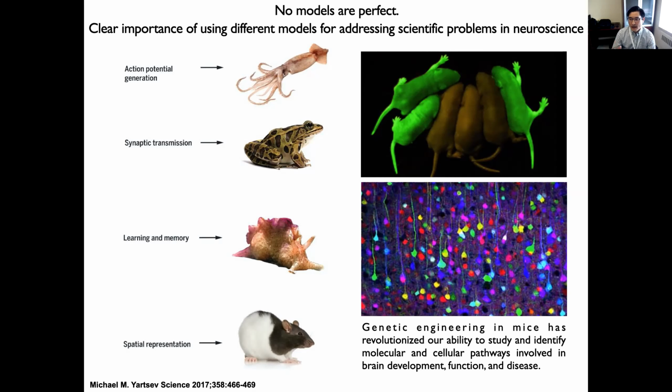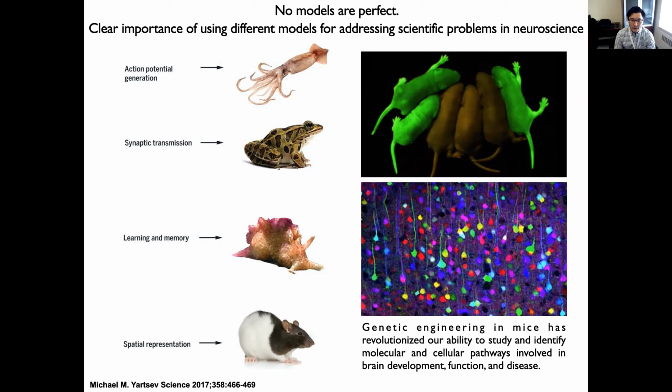And I've been working on genetically modified mice for over 20 years now. This has changed the way we can study the brain and the nervous system and get at the fine details of molecular mechanisms that underlie how neurons develop, how they form connections, and how they might get sick and die over time.